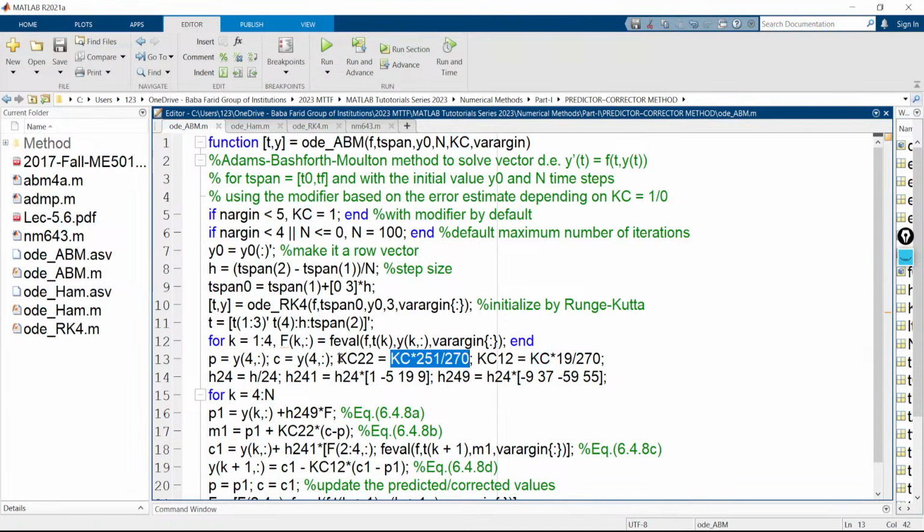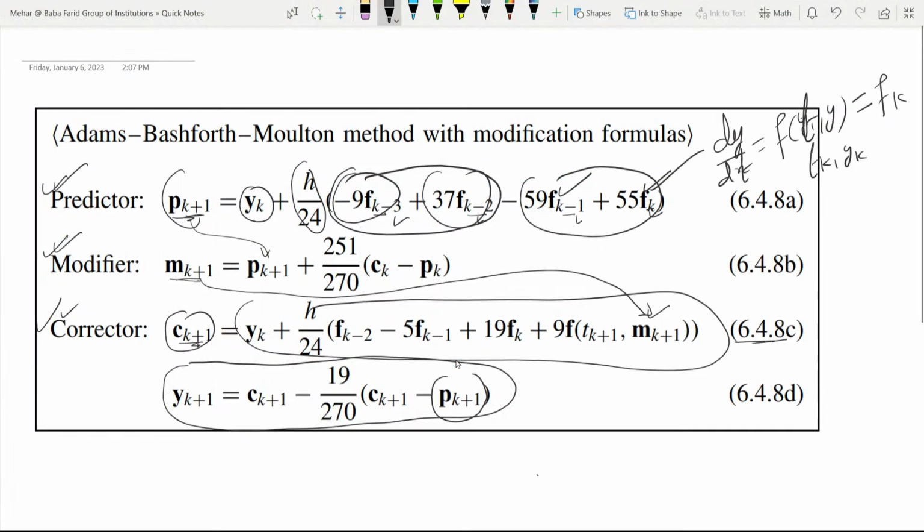Note this point very carefully. This symbol is used for this one, and this is Kc.